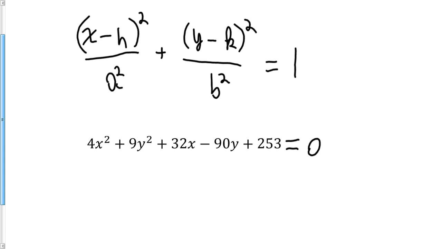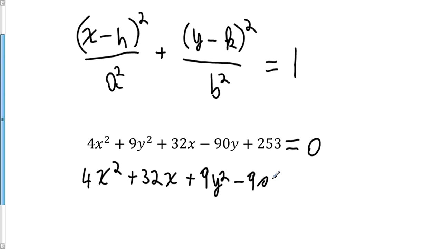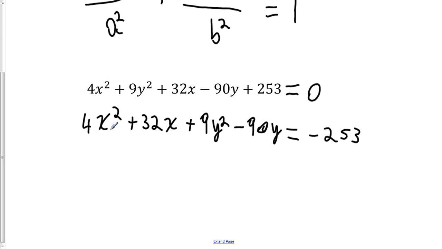First I'm going to group the terms together to make it a little easier to see: 4x squared plus 32x plus 9y squared minus 90y. And I'm going to put this constant on the other side by subtracting it from both sides: minus 253. Now I'm going to take the quadratic and linear x terms and factor out the leading coefficient, so that the leading coefficient inside my parentheses is 1 and I can complete the square.